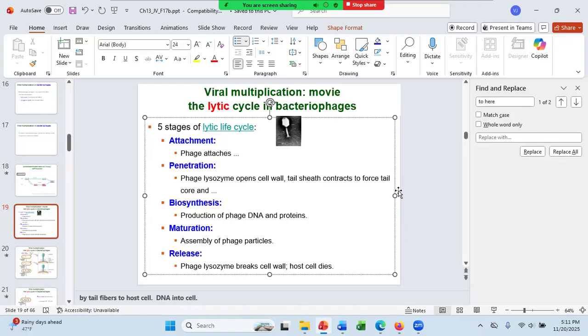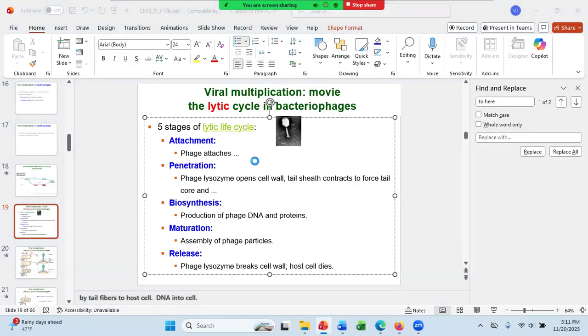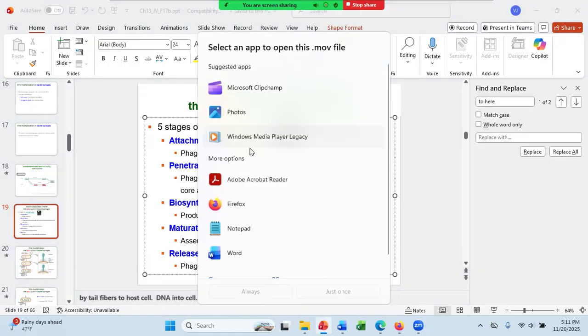It's actually not as good. The screen is not as wide. All right, let me go to the next movie because that one isn't seeming to play. Let's try that.